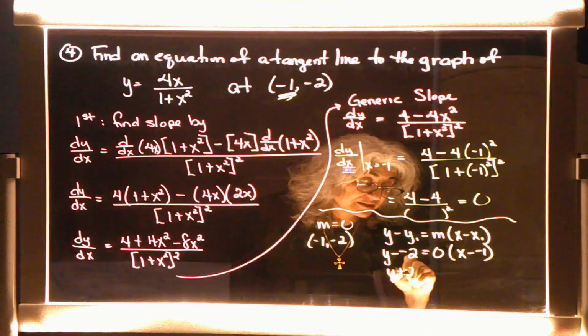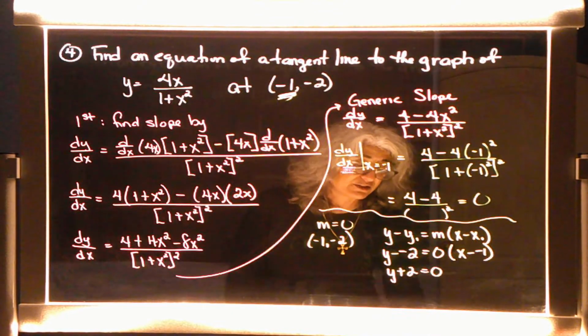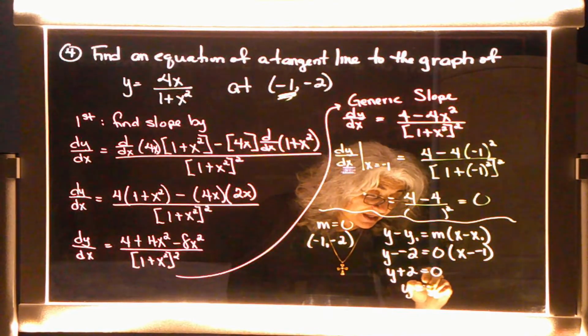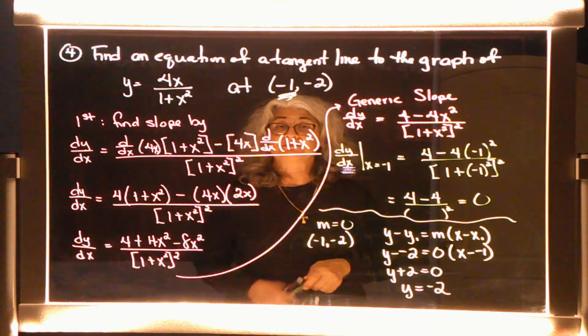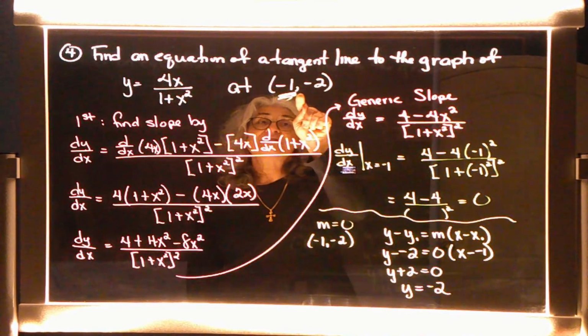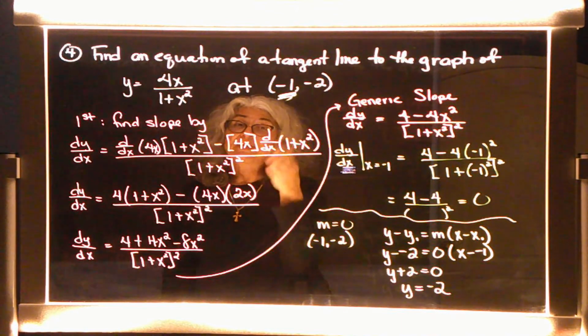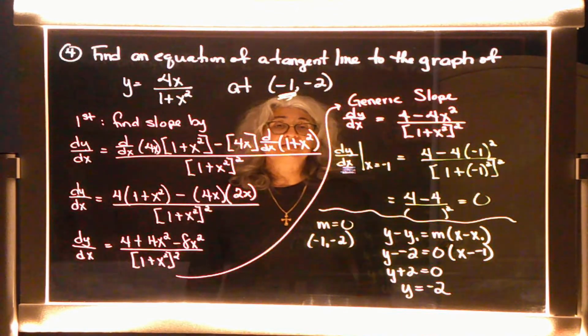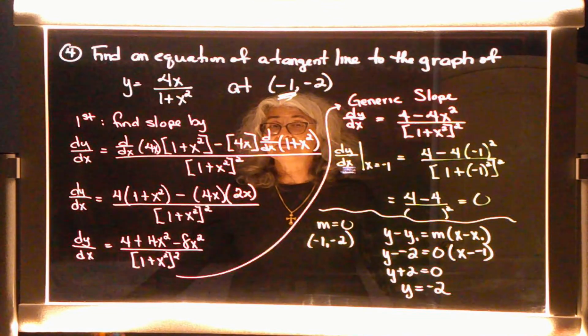Well, this is y plus 2 just equals 0, right? Because 0 times a parenthesis is 0. So it looks like my tangent line is just y equals -2. So at this point, for this graph, the equation of your tangent line is y equals -2. It's a horizontal line. Good?